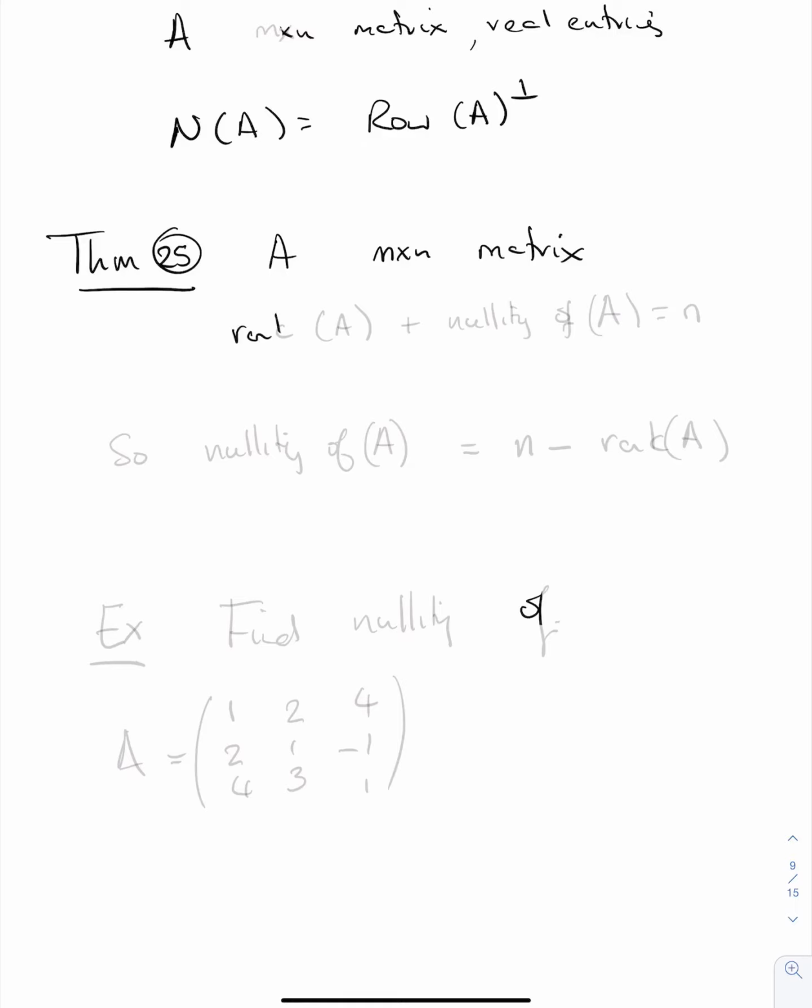The rank of A plus the nullity of A is n. How does this help us? We can calculate the nullity by finding the rank. The nullity of A is equal to n minus the rank of A.